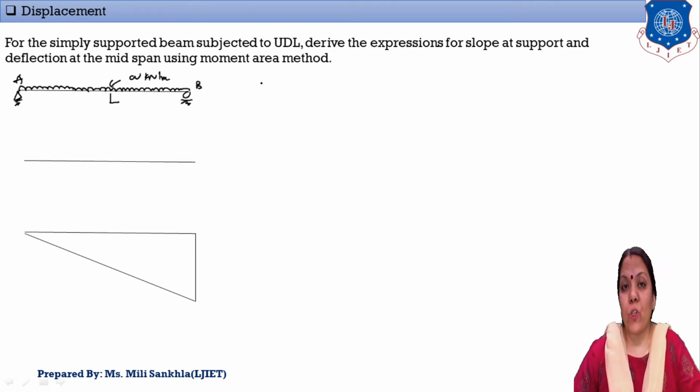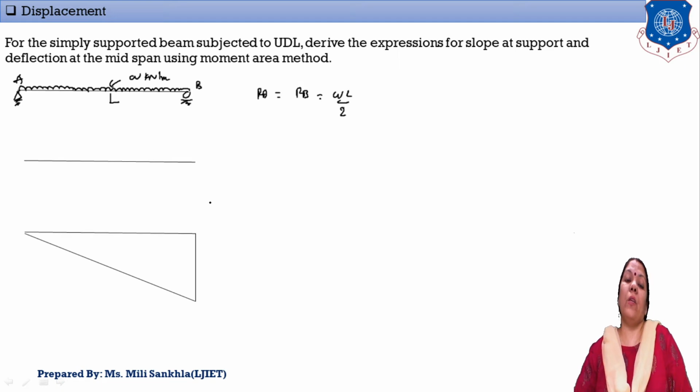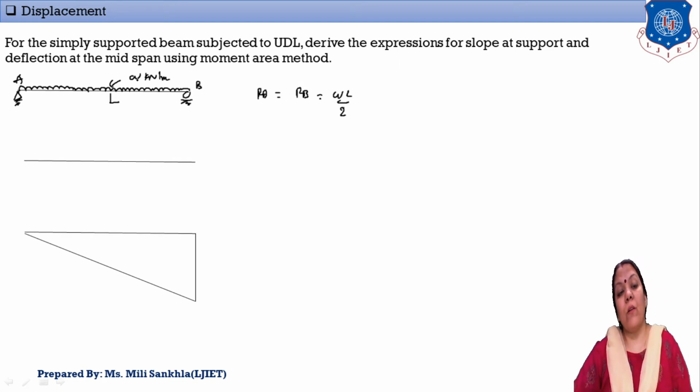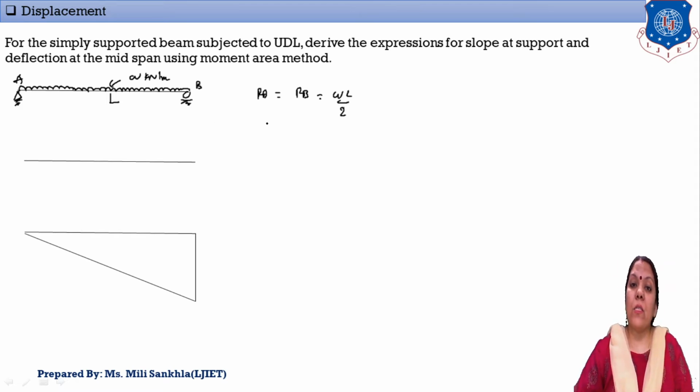First of all we find the support reactions. Our support reactions RA and RB are equal to WL by 2. We can also use taking moment about A. This is a symmetrical beam, so take total load WL divided by 2. And second, we already studied in MOS the moment at C. Our moment at A and B is always 0, and moment at C is equal to WL square by 8.